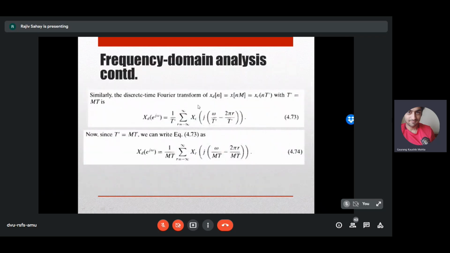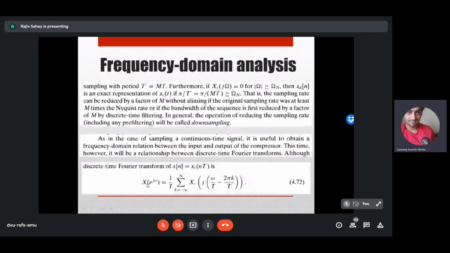So the DTFT of x_d[n], which is equal to x[nM], which is equal to x_c(nT') with T' equal to MT, can now be written like this, where everywhere you have T' in the previous expression. Earlier, the DTFT of x[n] was obtained like this, where you had T on the right hand side.